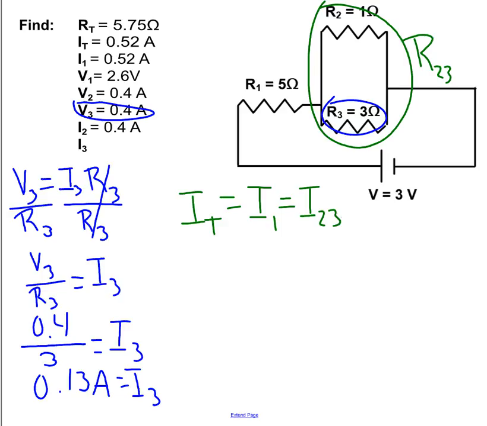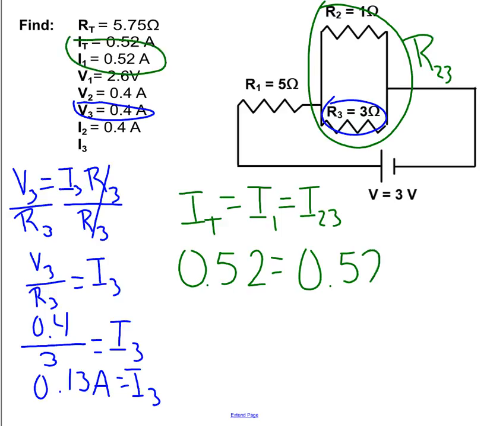And so my total current, which is 0.52 amps, would be equal to my current at resistor 1, and we found both of these things up here, 0.52 amps. And that should also equal my current of resistor 2, 3. So that's according to my series rules.